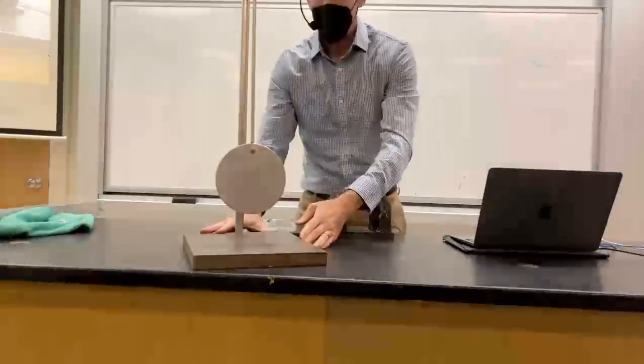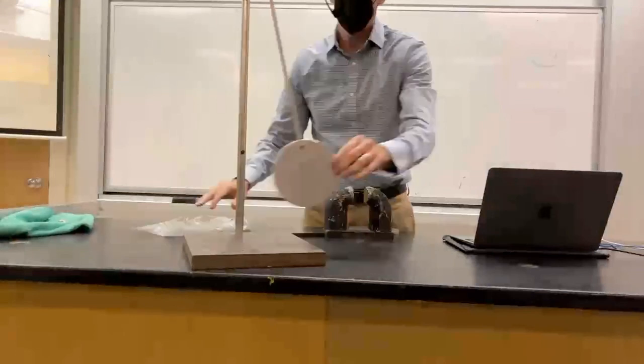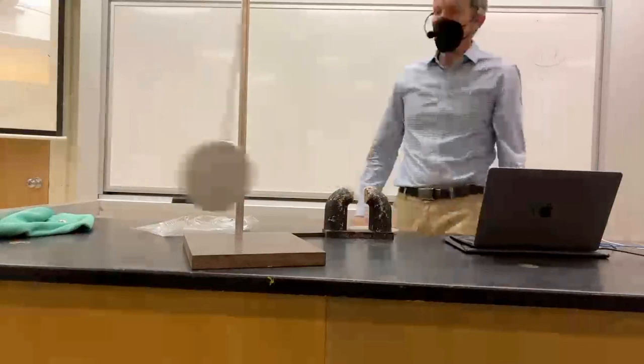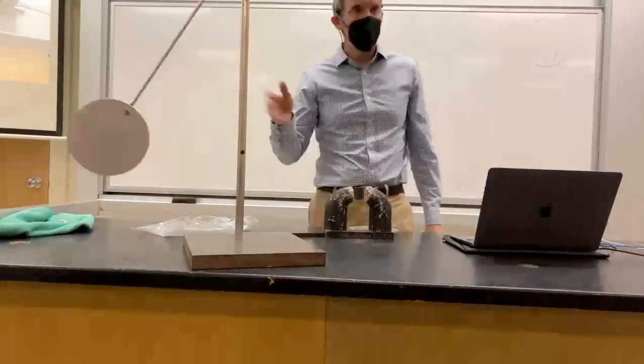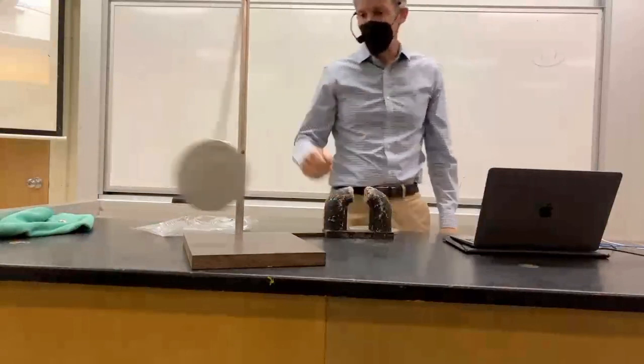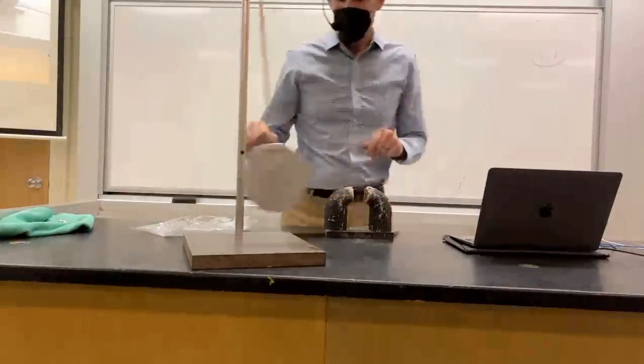First I just want to show you that this pendulum behaves probably the way you would expect. If I swing it, it just is going to swing back and forth for some time before it eventually loses enough energy that it comes to rest. That would take a couple minutes.